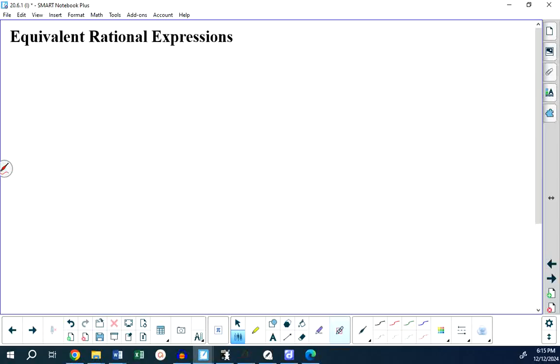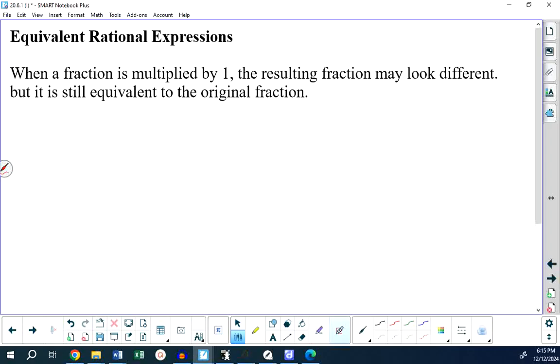Let's talk briefly here about equivalent rational expressions. When a fraction is multiplied by the number 1, the resulting fraction might look different, but it's still the same as the original fraction.